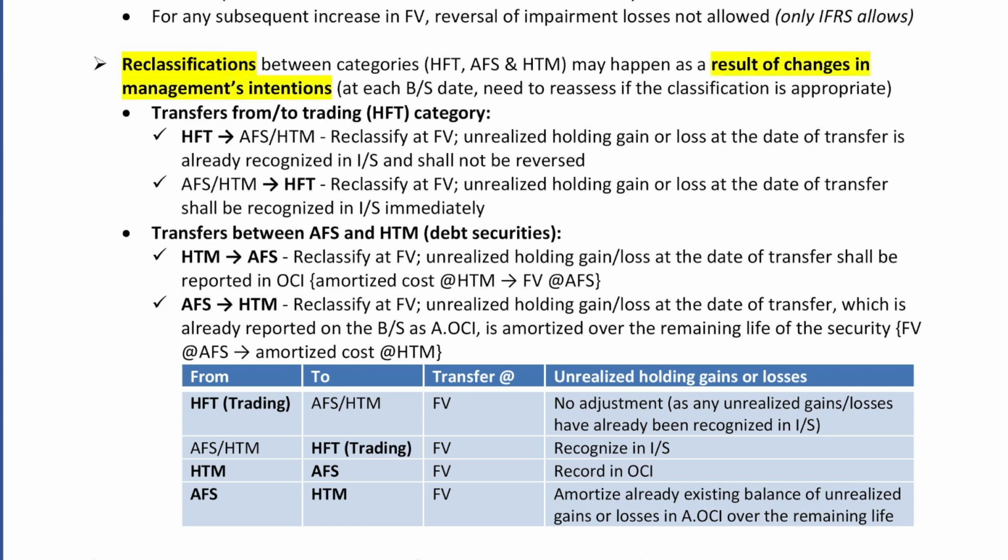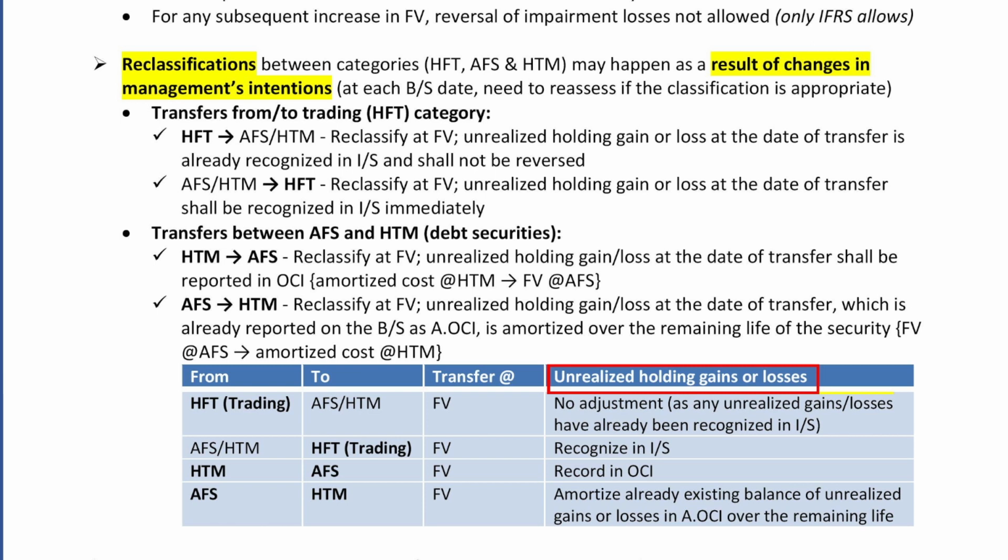So at each balance sheet date, the entity, the investor, needs to reassess if the classification of the debt security is appropriate. Let's look at the table that we have here. And our focus is going to be on, put a box around the unrealized holding gains or losses when there is a reclassification.